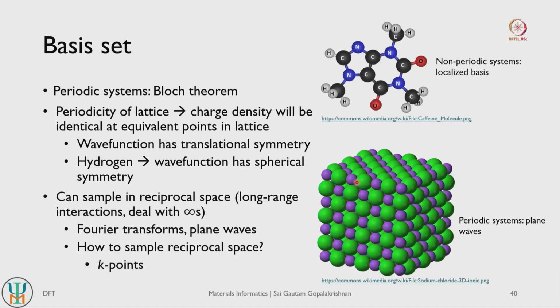But if sodium were to look at one of its periodic images, right, then we sample those interactions in reciprocal space, right. So since we split the sampling into real and reciprocal space, the subsequent question is how do we sample this reciprocal space itself, right, and this is where the aspect of k points come in.